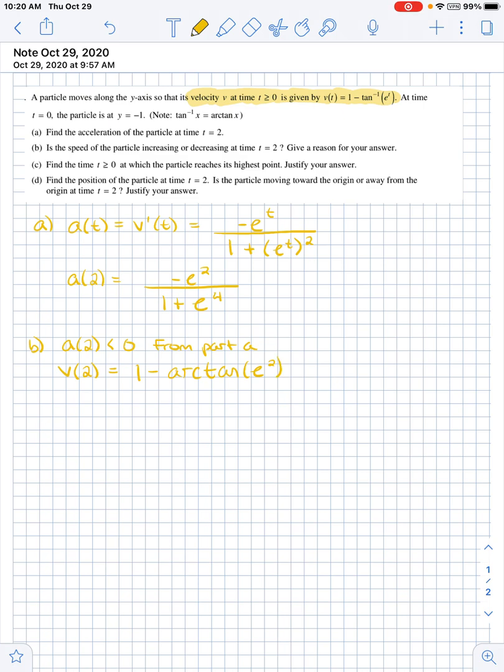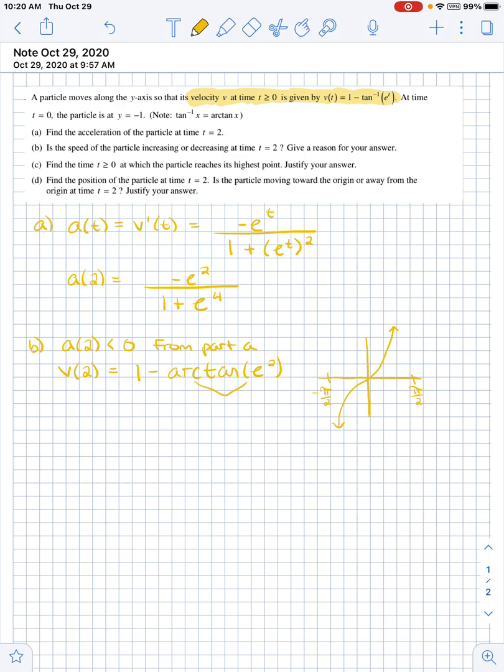Some of you got a little bit confused about this. Remember, for arctangent, we're looking at the part of tangent that is only between negative pi over 2 and positive pi over 2. Those are the restrictions for tangent. And tangent looks like this, because at pi over 2, we've got vertical asymptotes.